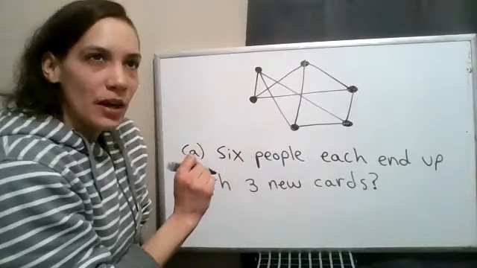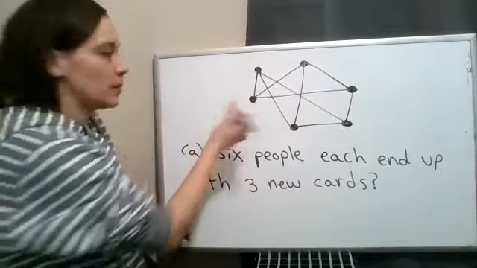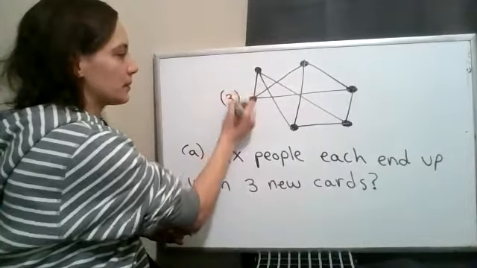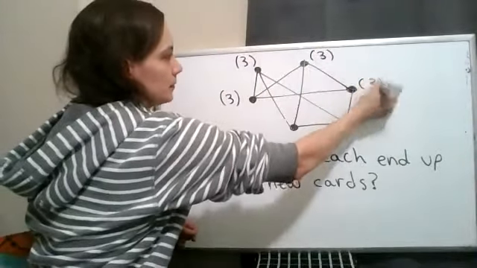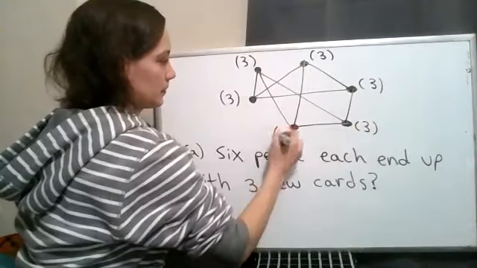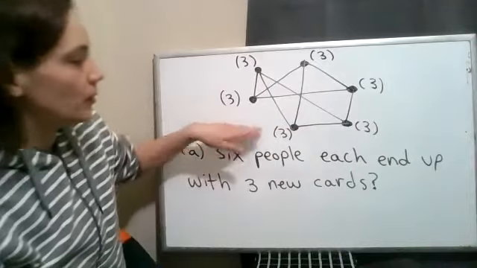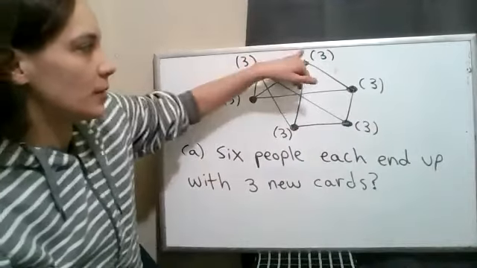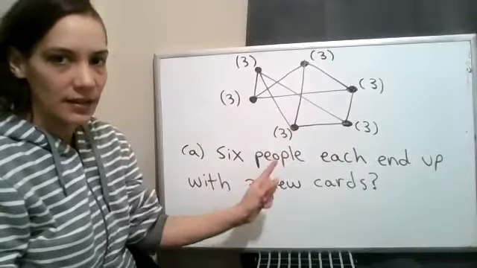We didn't have to draw this picture, but it helps. So each person, or each vertex, would be degree 3. There are 6 people, so we'll have 18 total: 1, 2, 3, up to 18. So you add it all together.